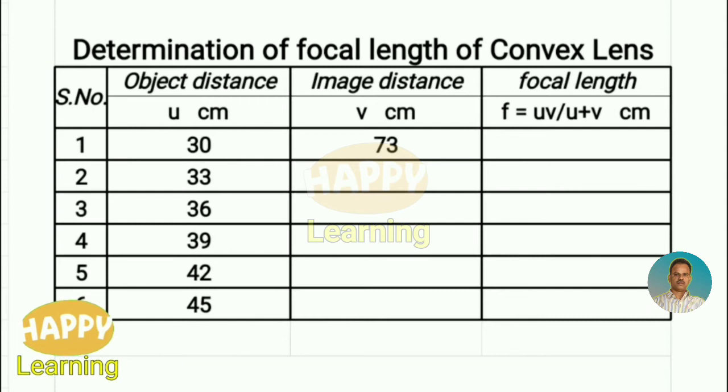That means each time I will maintain these predefined U values between the lens and the illuminated object, and accordingly I will search the bright and good image on the screen, and the convex lens and the screen distance is measured and is entered under the heading V, that is image distance. Okay, right.